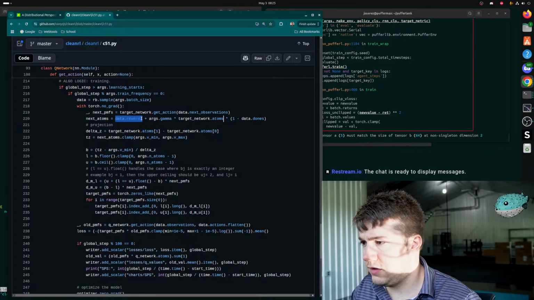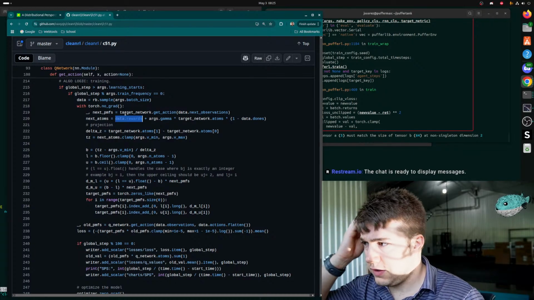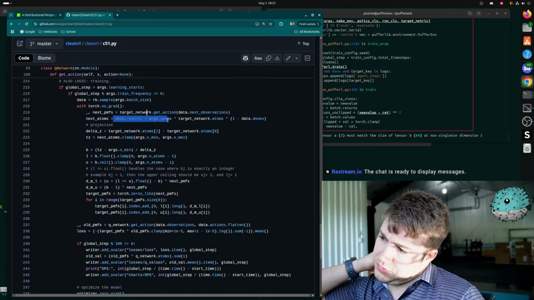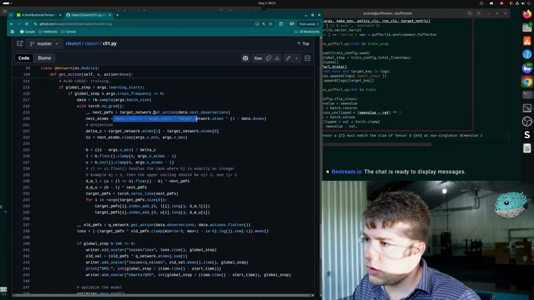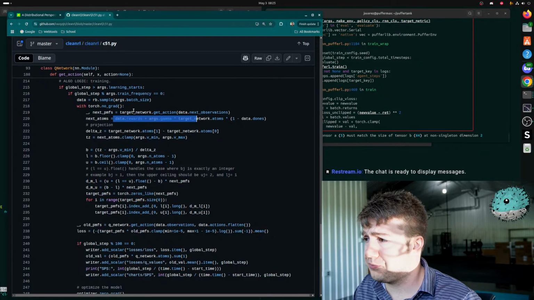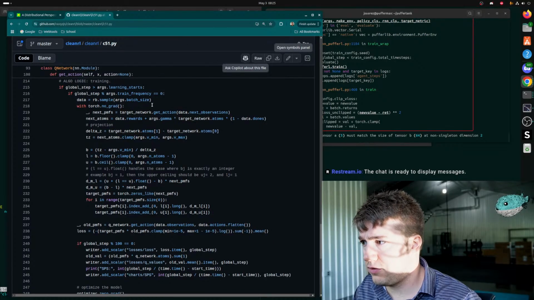Oh, this is... Yeah, so this doesn't depend on this at all. So this next atoms thing is just for every possible value that you could have, rewards plus discounted value. Okay, so then there's the projection.